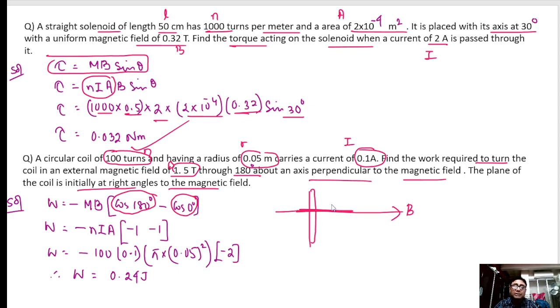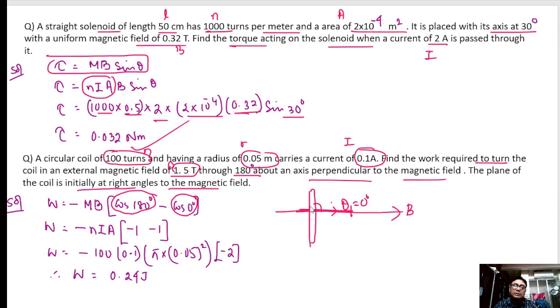The coil is initially at right angle. That means the normal is making an angle 0 degree. So theta 1 was 0 degree. And now through 180 degree.